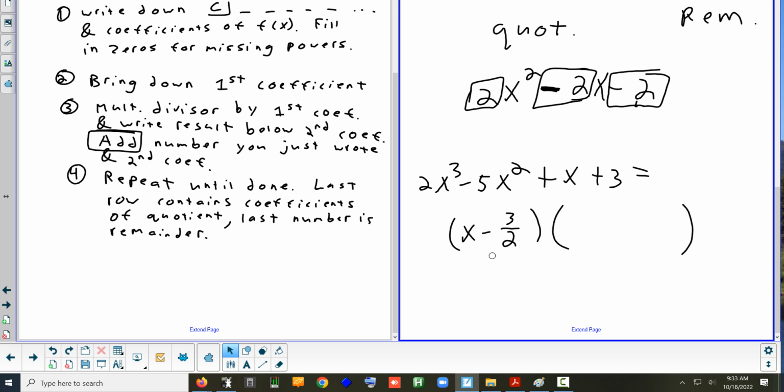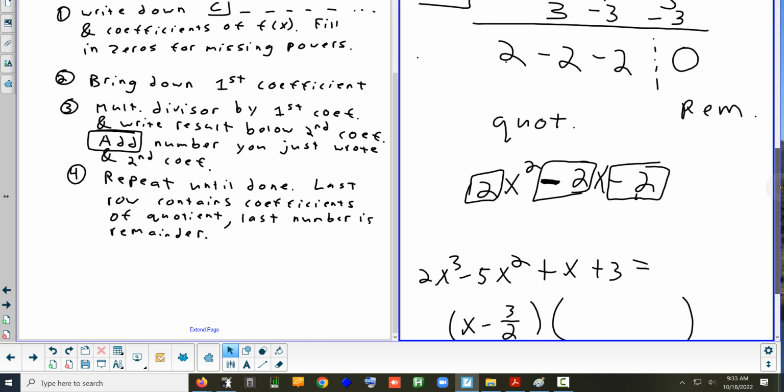Now I'm telling you that x minus 3 halves is a factor of this. It's like yesterday when I said 3 is a factor of 12. How do you get the other factor if you already know one that is? Yeah? Divide it. You divide it. Well, we already did that.